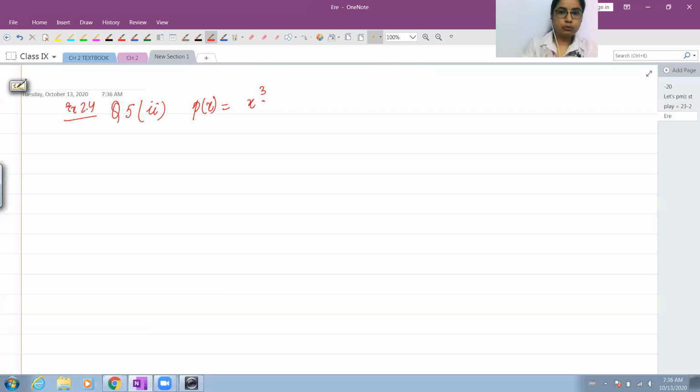We've got x cubed minus 3x squared minus 9x minus 5. And if you can see, even if we pair up the terms, it won't help in any way. You can pair up the four terms however you like, it won't help. So I'm going to find the first factor for this polynomial.